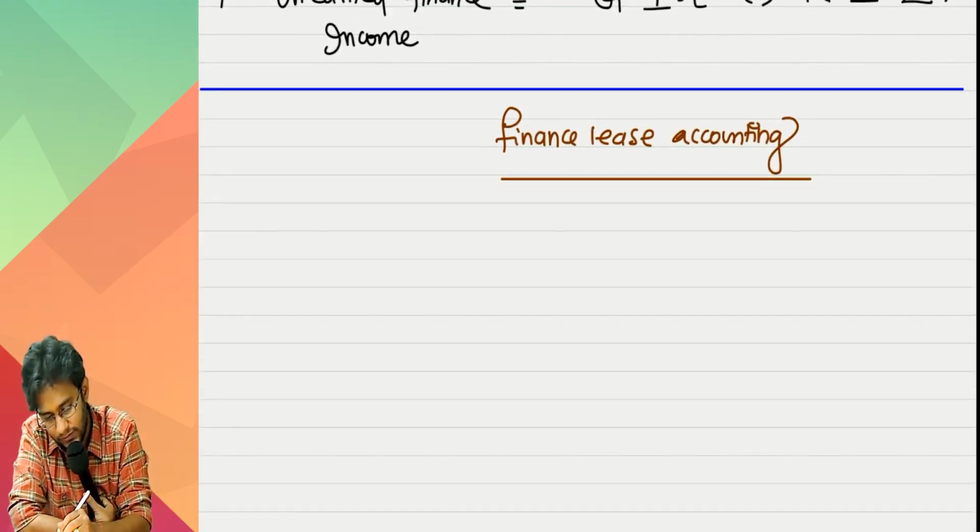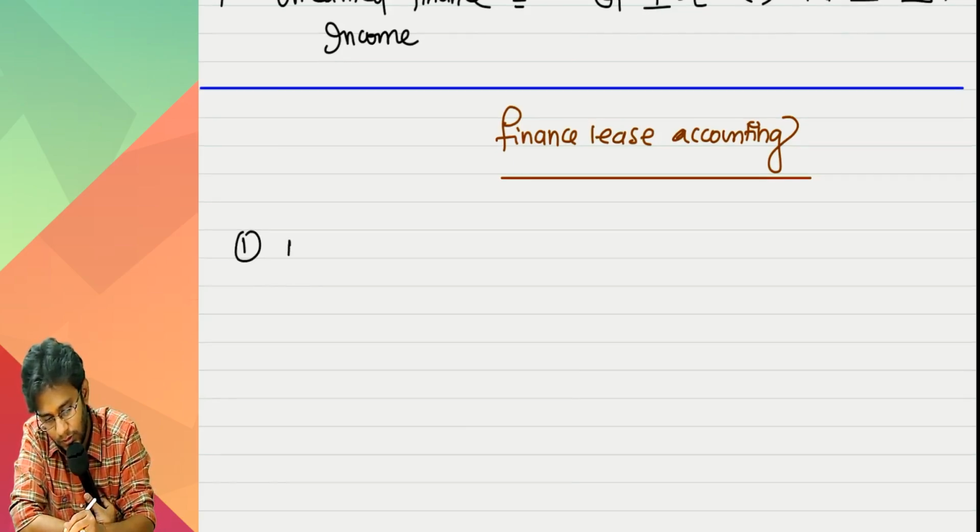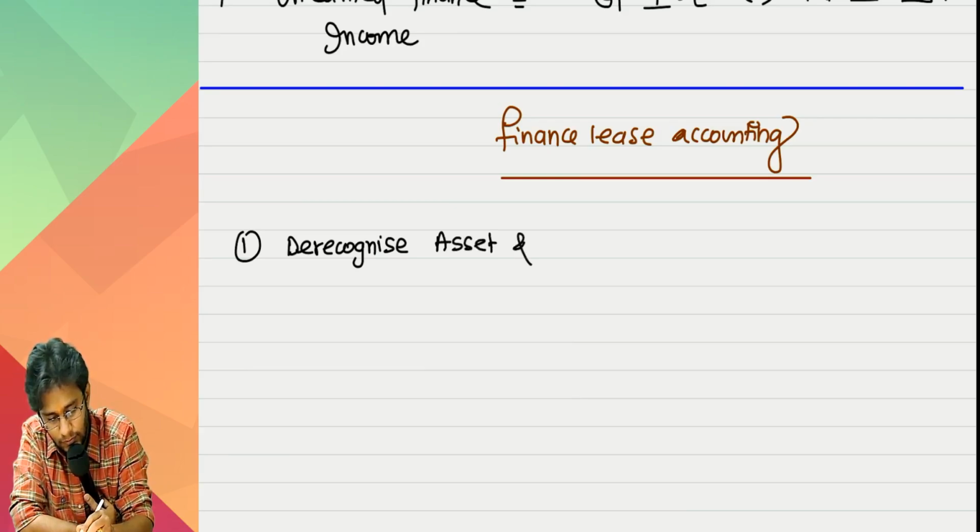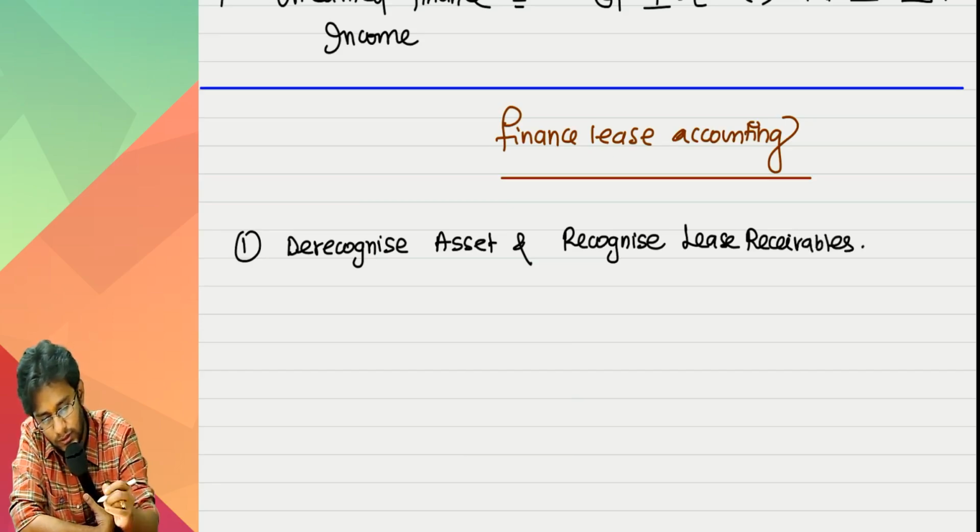All you have to do, first one, is de-recognize the asset and recognize lease receivables. So what is the entry I should write?